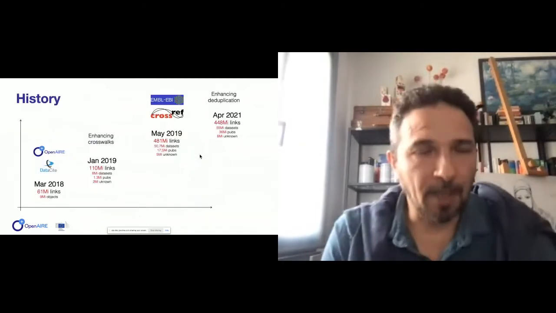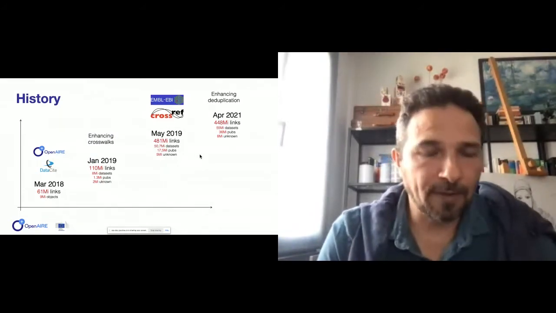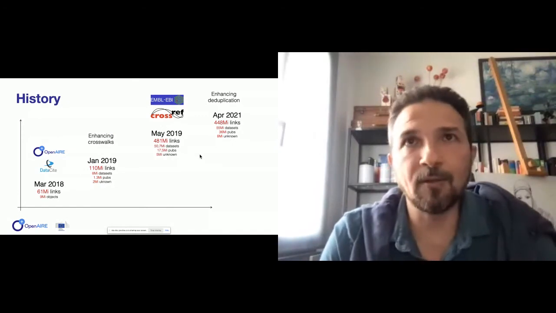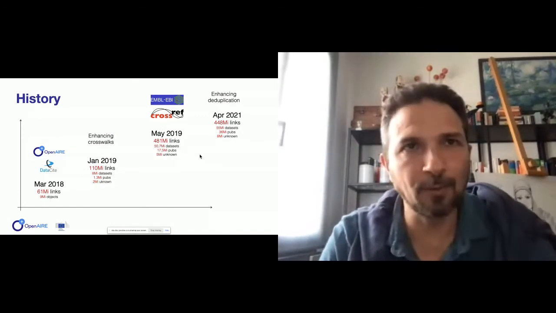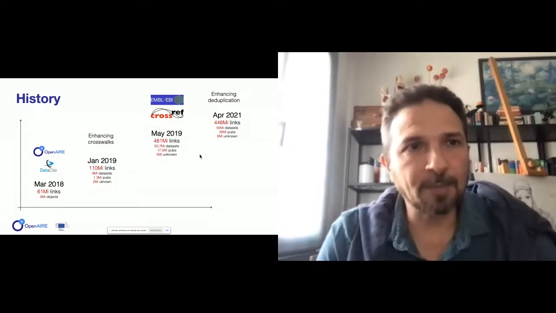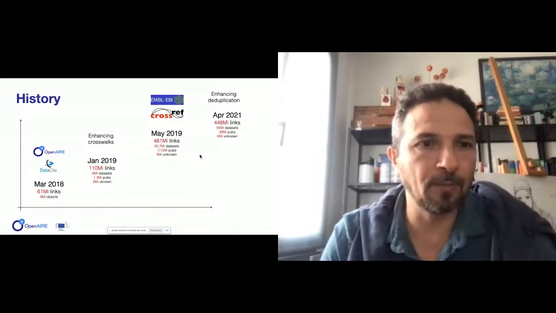Now, numbers. Numbers varied a lot over time, and this depended on several aspects, which I don't have the time to go through in this presentation, but one of the most important aspects, of course, is the data sources: how many data sources we had, from how many we collected.